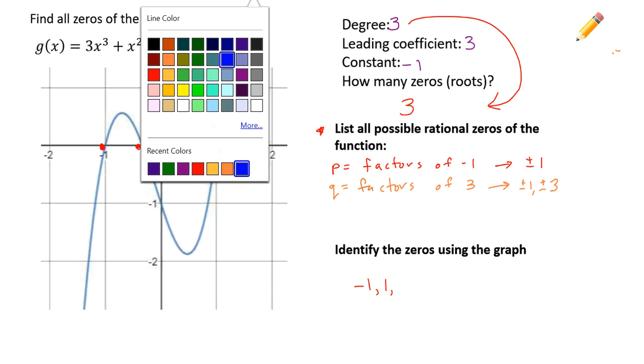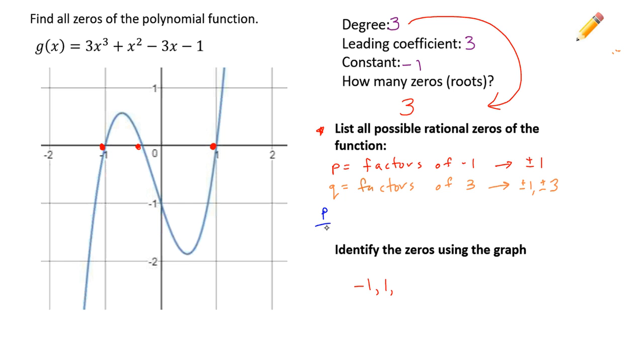So our possible rational zeros are P over Q, all combinations: 1 over 1, 1 over 3, -1 over 3, 1 over -3, -1 over -3.